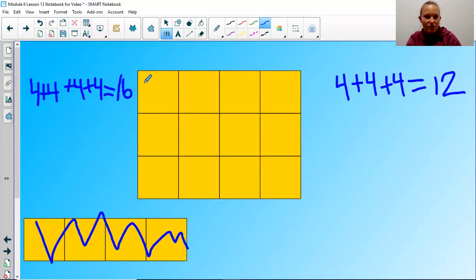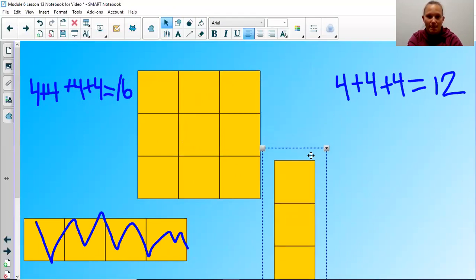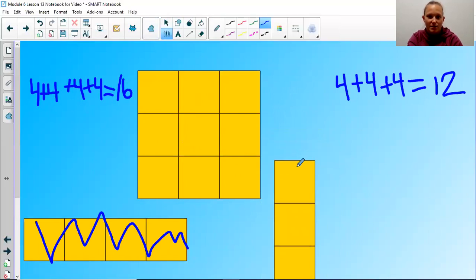So now let's take a look at this if I were to take away one column. So now I'm going to take this column away. And again, I can also scribble it out so we can see I got rid of it. And this is the new rectangle. And if we look at the new rectangle, I want to find the new total. I can see that I have 3 rows of 3.